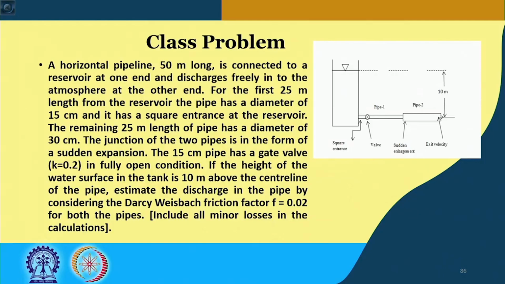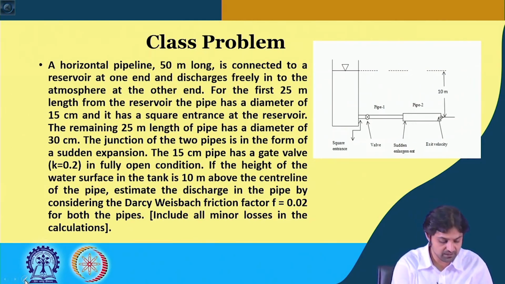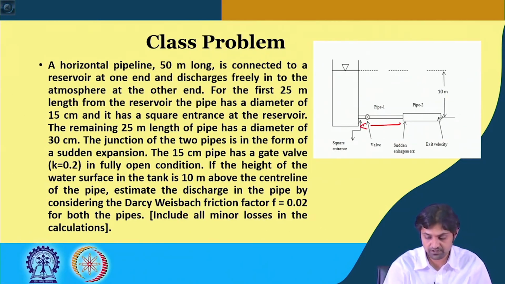Welcome back, student. In the last class we finished the lecture by introducing a problem that is supposed to be done in the class. There is a reservoir connected to a pipe with two different diameters. The total length is 50 meters, and this section is 25 centimeters, having a different diameter from this one.